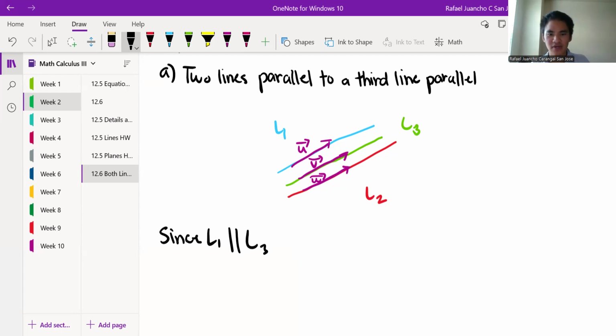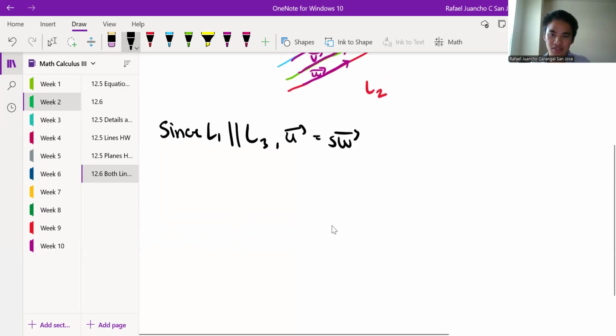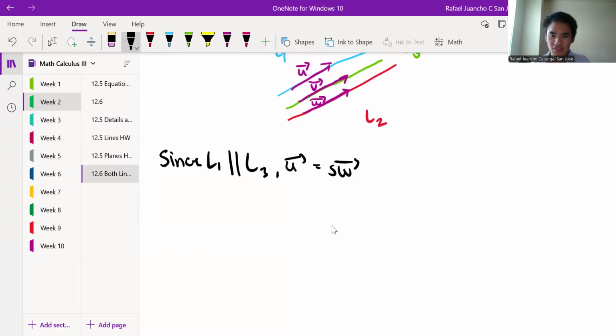So if those are parallel, then vector u is equal to some scale of w, right? Because they might have different lengths. So this is just a scalar. What else?